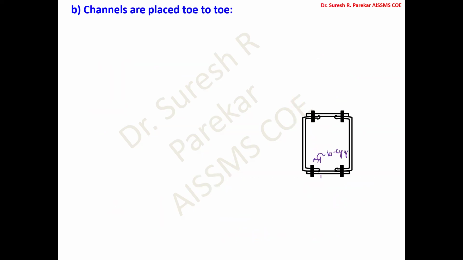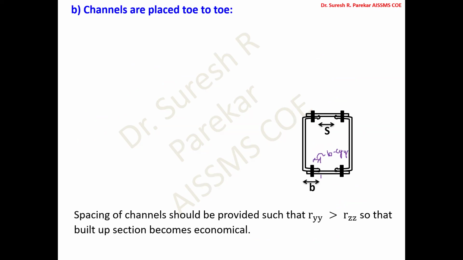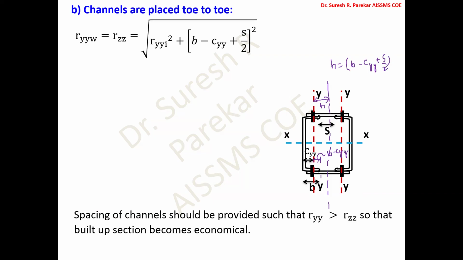Now in this case, what will happen? I have just mentioned B minus Cyy, and the whole section is again at the center, and then we are going to get this value, that is H. Here H becomes B minus Cyy plus S by 2, and then we can have L effective upon R minimum.